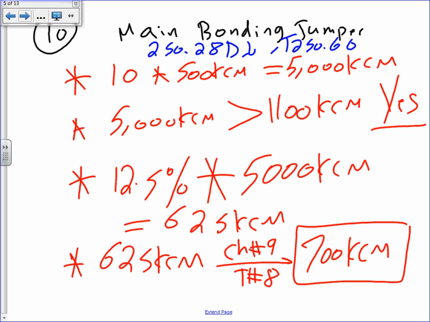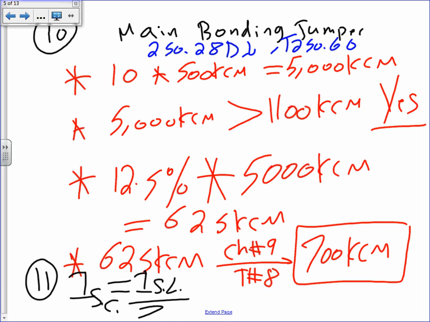Okay, the last thing on this, I'm going to make it number 11: short circuit. I short circuit equals I secondary line divided by the percentage of the impedance.